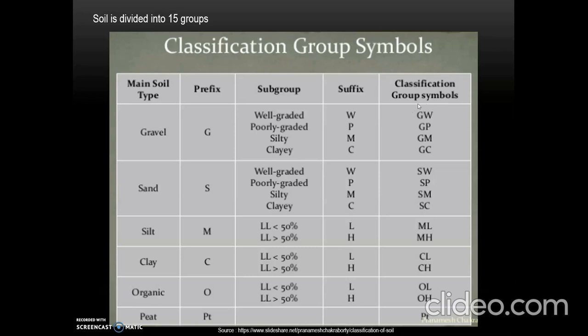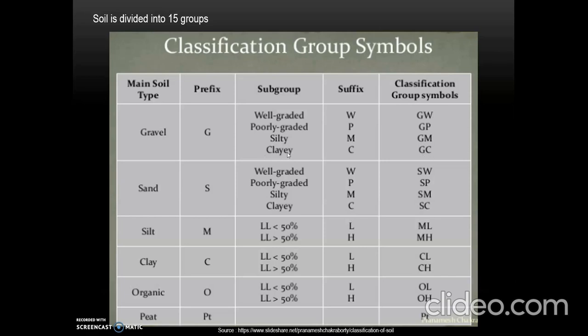The classification group symbol will be GW, that means well graded gravel. So GW represents well graded gravel. GP means poorly graded gravel. GM means silty gravel.